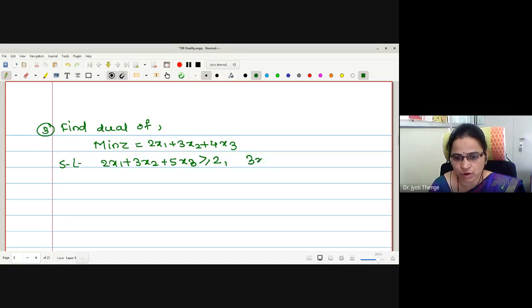If possible, you can solve along with me, because in the operation research paper, everything depends upon practice and problem solving. It's not a theoretical paper.